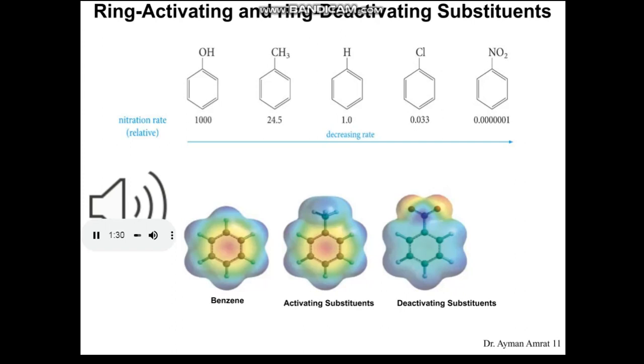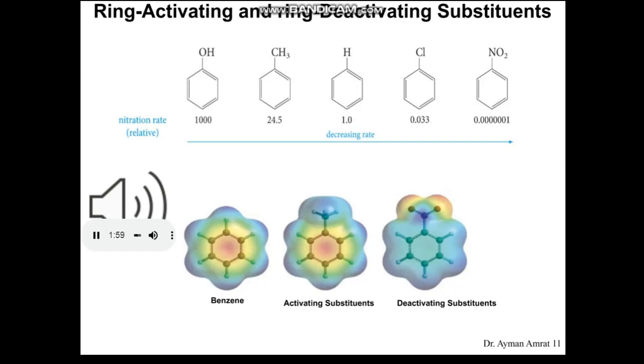The rate of electrophilic substitution reaction for phenol is 1,000 times that of benzene. The methyl group and hydroxy group are examples of activating groups, activating substituents.